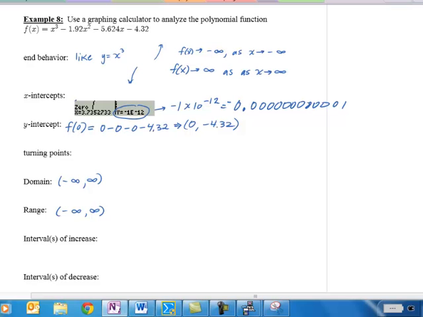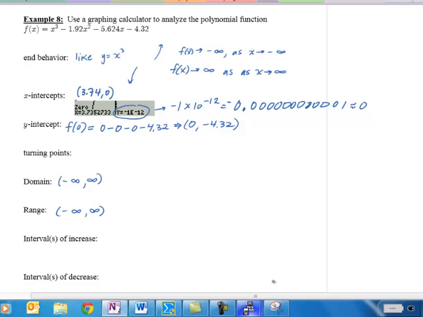So anytime you see a negative number with an exponent like this, you can treat that as 0. The issue is that the calculator isn't able to compute it right to exactly 0. It's just landing slightly short of 0. So you need to know that it means that y is 0. So the x-coordinate there, which is what we're interested in, is 3.74, roughly. So we've got 3.74, 0 we would use.